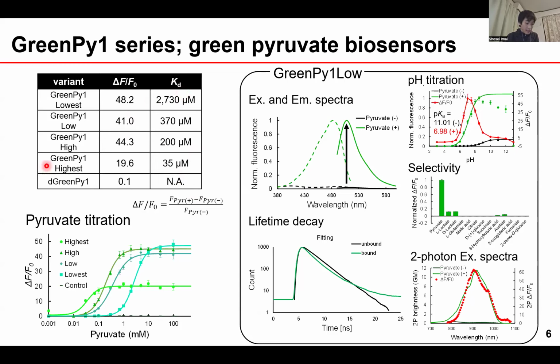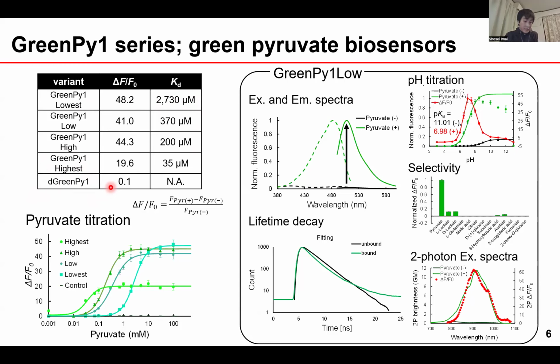The highest variant refers to the highest affinity with the lowest KD, and the lowest variant has the lowest affinity with the largest KD value. It's a bit confusing, but highest means highest affinity. We also report a control sensor designated as dGreen Pi 1 that does not change with pyruvate, but has similar pH sensitivity.